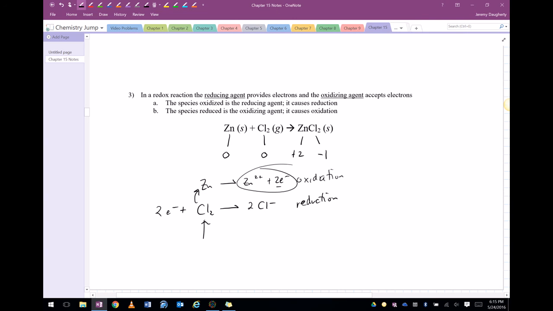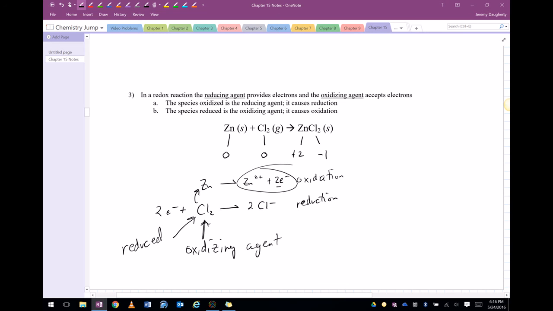So that chlorine caused oxidation. So we call the chlorine the oxidizing agent. And to be clear, the chlorine is what's actually being reduced.